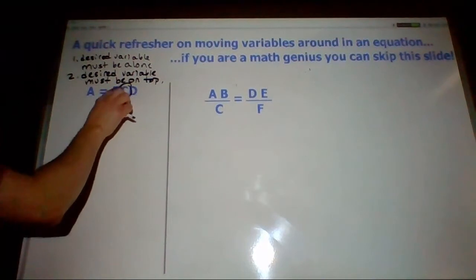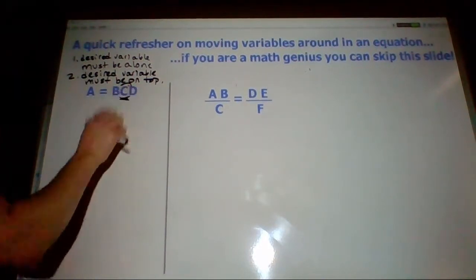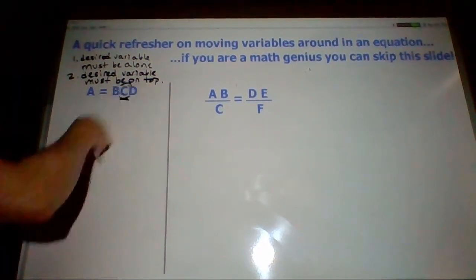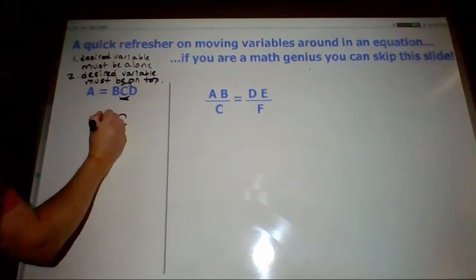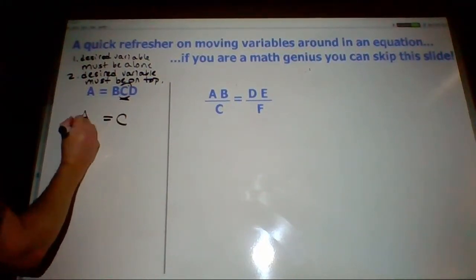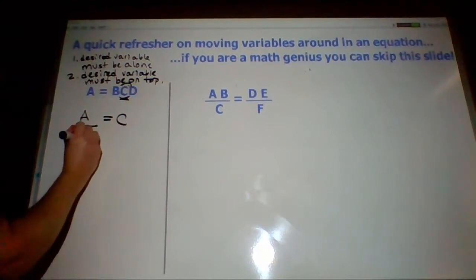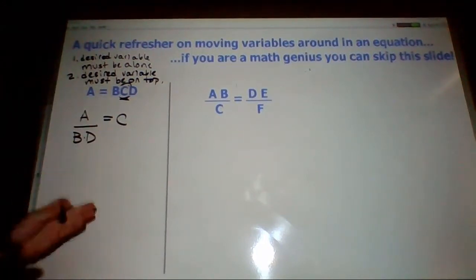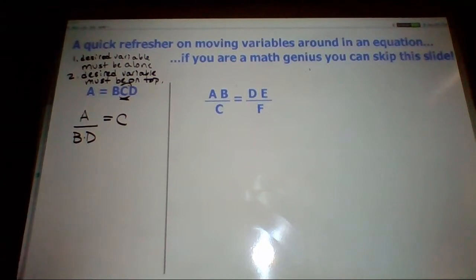So in this case, if I'm solving for C, I want to move B and D diagonally. So I'm going to get C is equal to A divided by B times D. That problem is fairly simple.